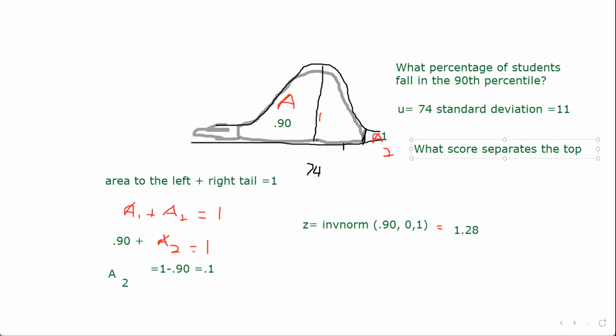The top 10%, the top scorers, are going to be over here on the right. Well, we know that's a z-score of 1.28, but what's the score?